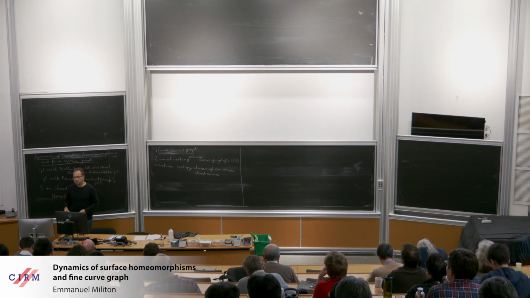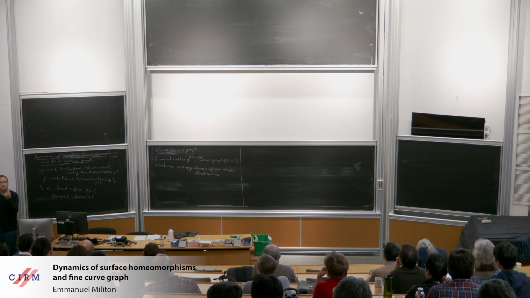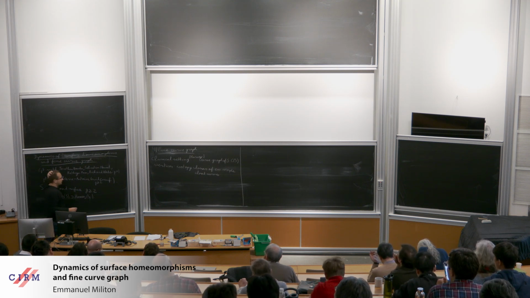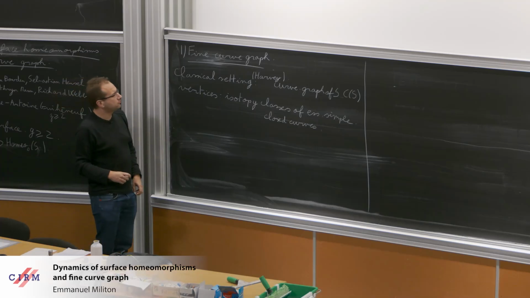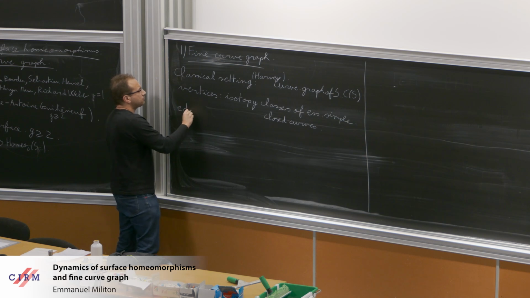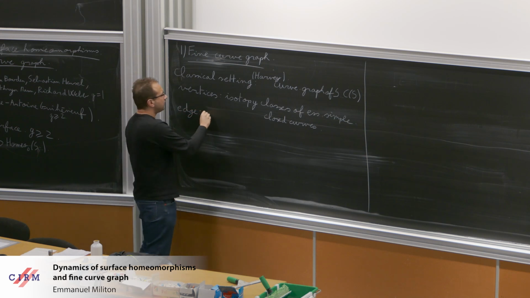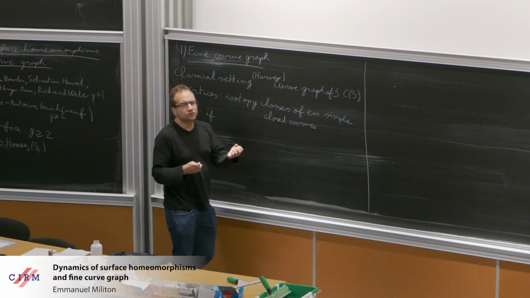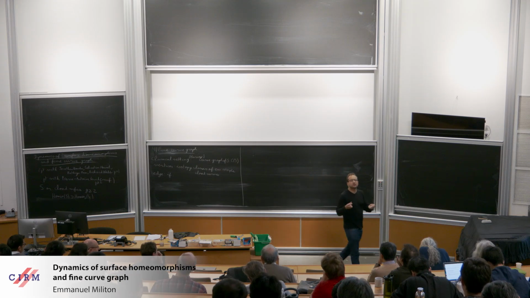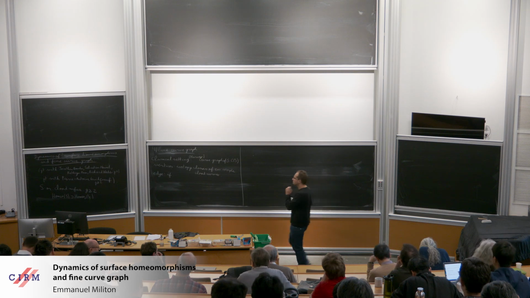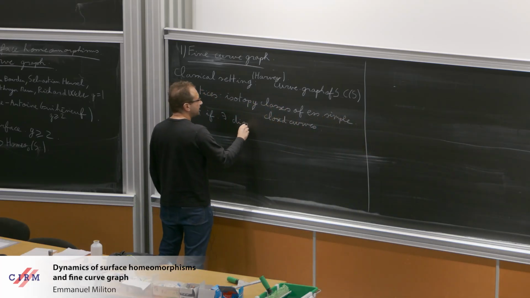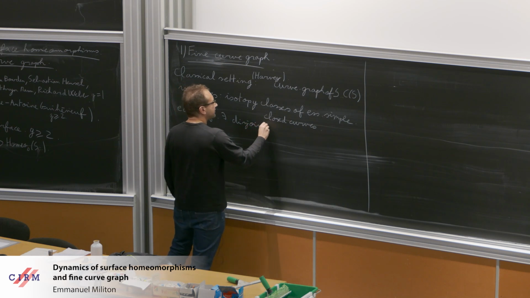Here, essential just means that you don't bound a disk. You don't represent the trivial homotopy class. And you put an edge between two vertices if those two isotopy classes have representatives which are disjoint, if there exist disjoint representatives in these isotopy classes.